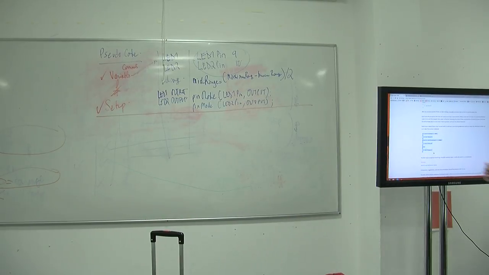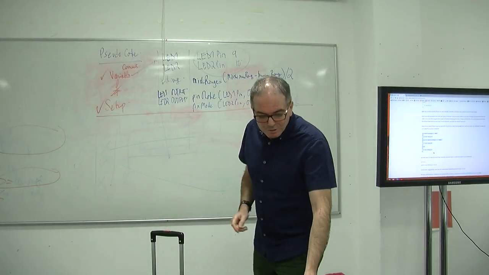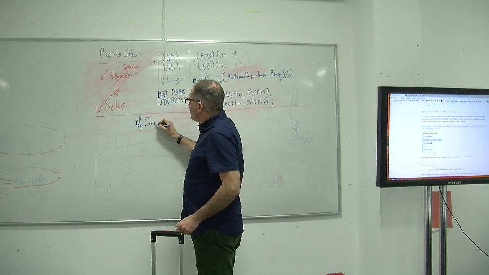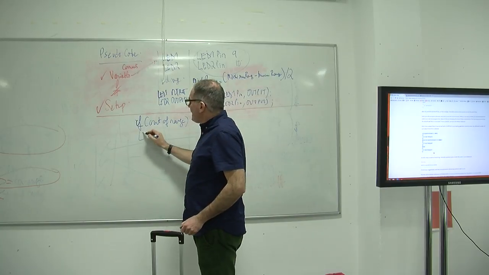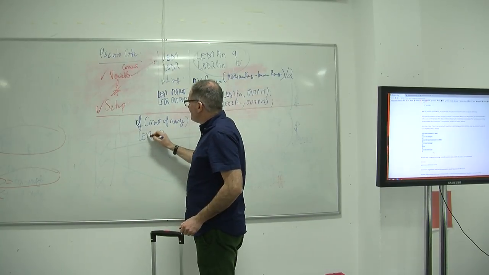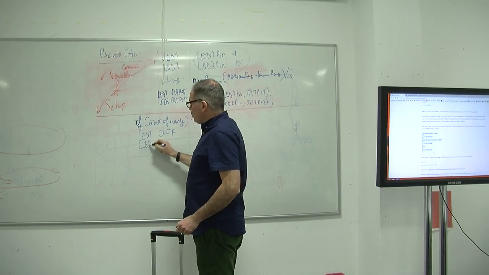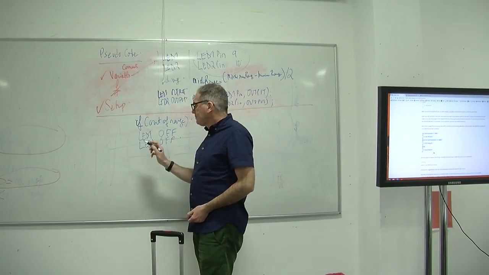So, first one, we know that what we're going to have is something like this. In pseudocode, we're going to have if out of range, we're going to have LED1 off, and LED2 off. Okay?